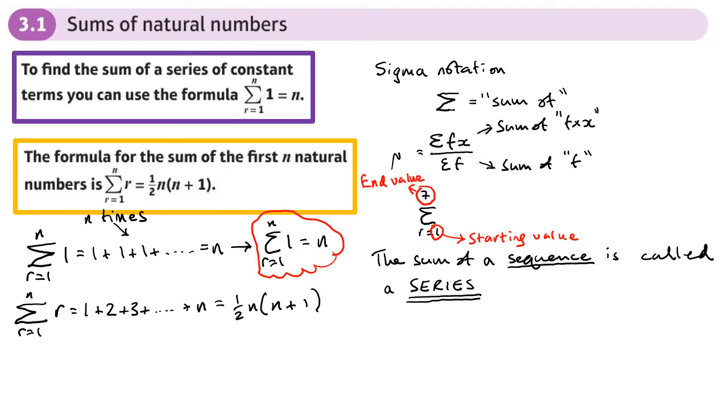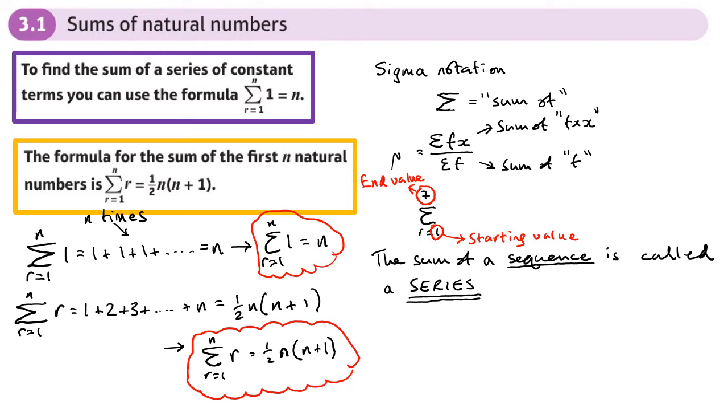You will prove this in your normal maths lesson, so I won't go through the proof here, it's not particularly difficult. But you do need to remember this, that the sum of r equals 1 to n of r is half n times n plus 1. So this is the other formula that we can use, and you need to remember these two. There are others that we'll go through, but you will be given those in the formula booklet.